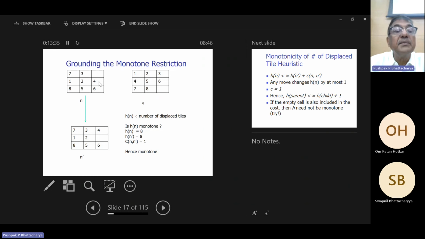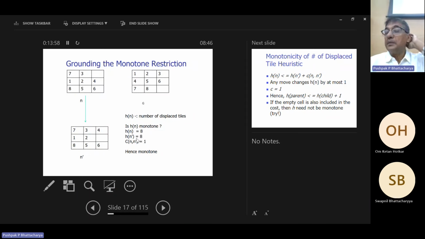All the tiles are displaced from their position. So h(n dash) is also equal to 8. And the cost of moving from the upper configuration to the lower configuration is 1. So clearly h(n) is less than or equal to h(n dash) plus c(n, n dash).